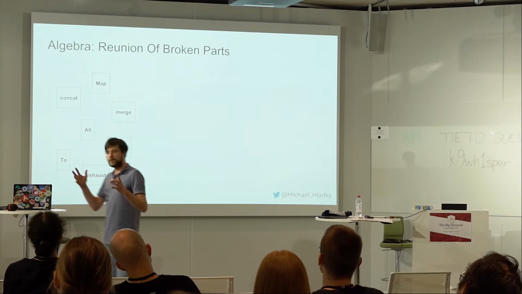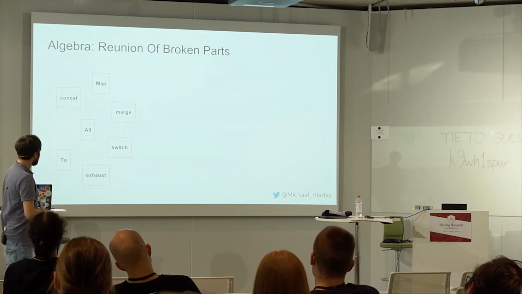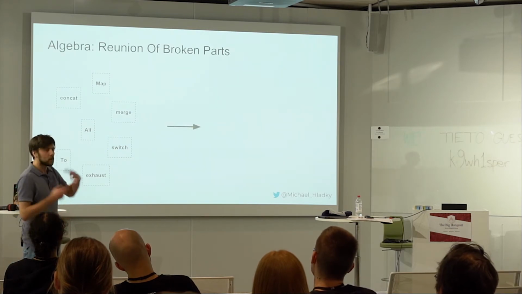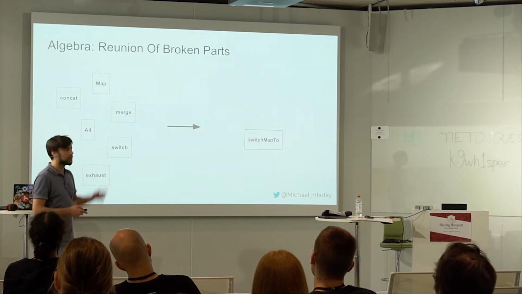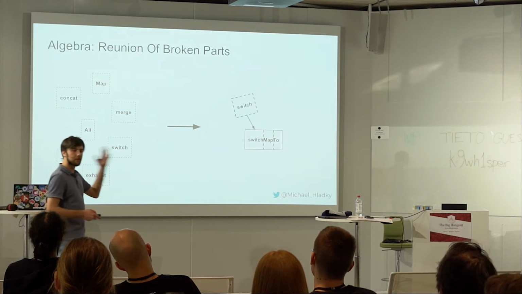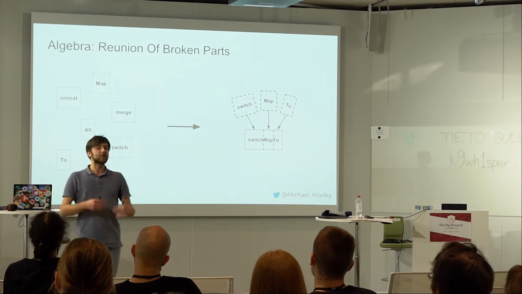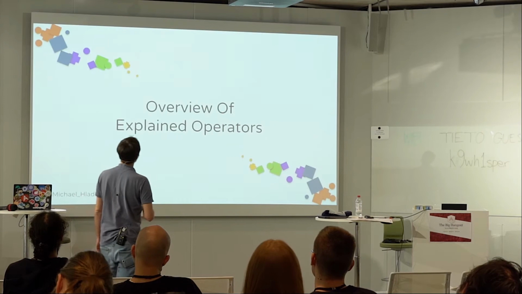You can break all the operators into their single words, and what I will do is try to explain operators by explaining all their parts, and then later on we will understand operators by looking at their parts. So switchMap2 consists of a switch, a map, and a 2. And this is my algebraic approach, which I will use to explain a lot of complex operators here.